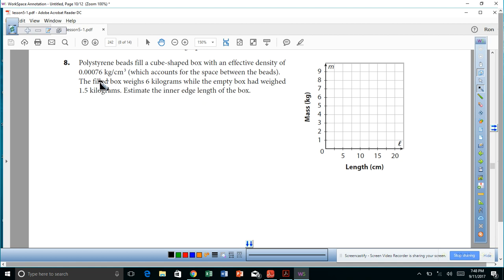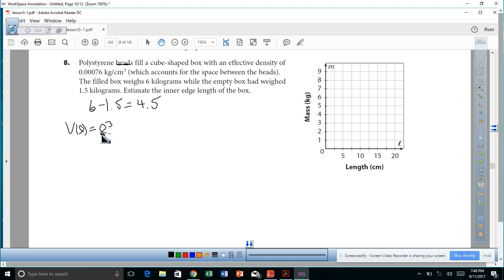Okay, so what do we know? Well, we got 6 minus 1.5 equals 4.5. So that's how much the beads are going to weigh, 4.5 kilograms. All right, now let's see. The volume is length cubed, okay?